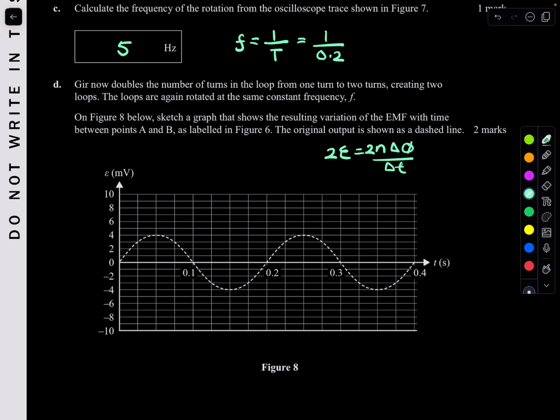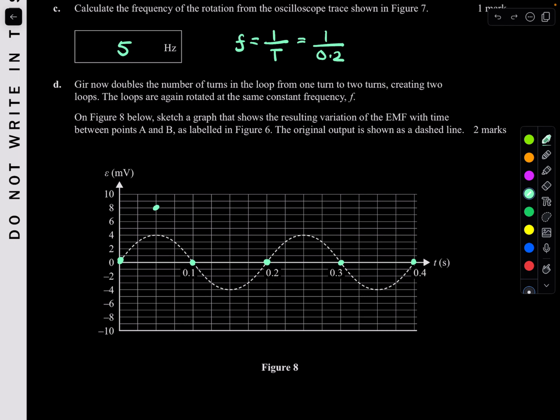Luckily, your period's not going to be affected because we're given that it's at the same constant frequency, so your period doesn't change. The only thing that changes is your amplitude. So the period's going to be the same, and we're just doubling the amplitude, so you're doubling your voltage. All these points are going to be the same because the period's the same. The original amplitude is 4 millivolts, so it will just double.